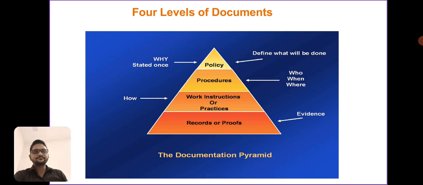Level 2 is procedure, level 3 is work instruction or practices, and level 4 is record. Policy defines what will be done, procedure defines who, when and where it will be done, work instruction or practices define how it will be done, and records are the proof, the evidence of the activity performed.